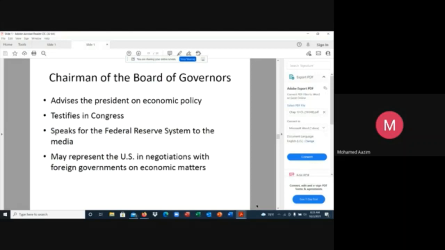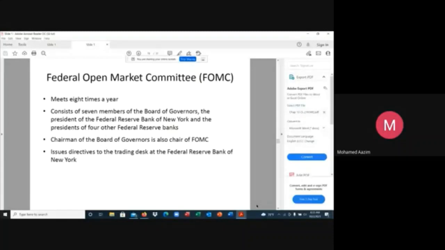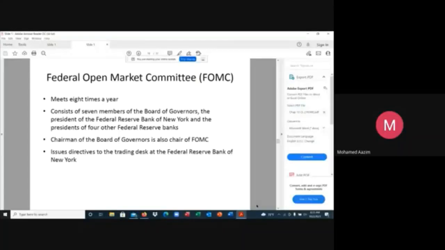But interestingly, the FOMC, Federal Open Market Committee, or in the case of Sri Lanka, you can call it the monetary policy committee, but the monetary policy committee does not have the powers of the FOMC. The monetary policy committee could propose and take those decisions to the monetary board, and ultimately it's the monetary board.